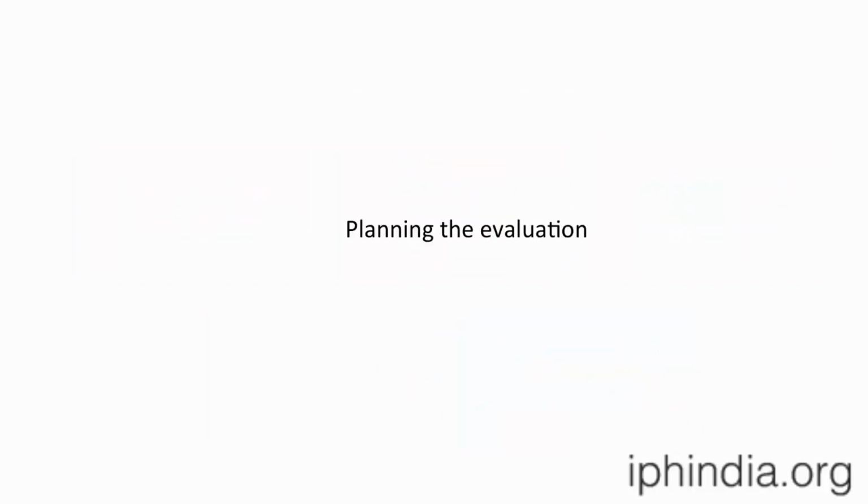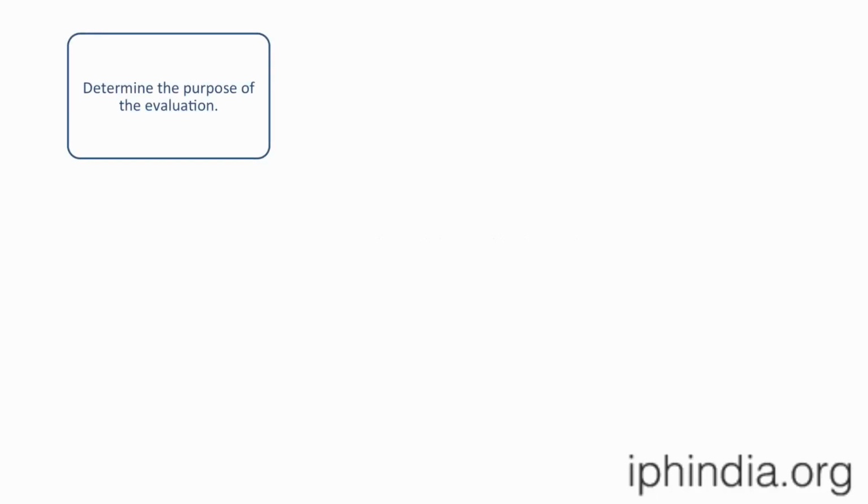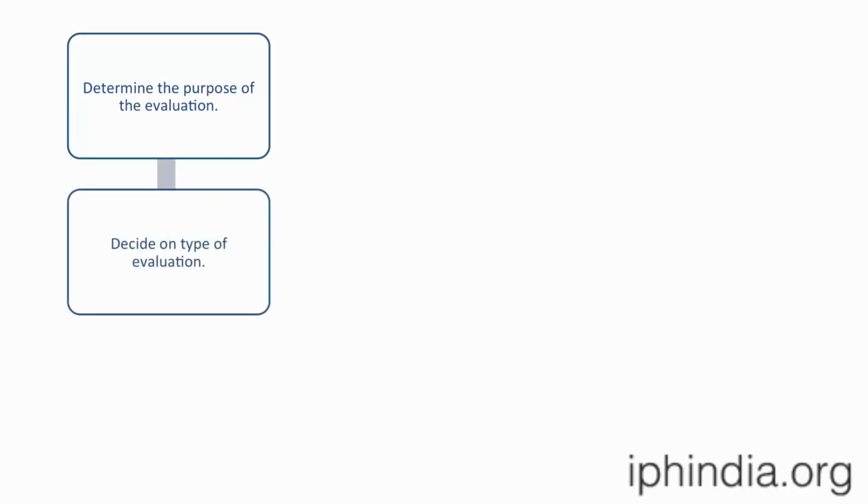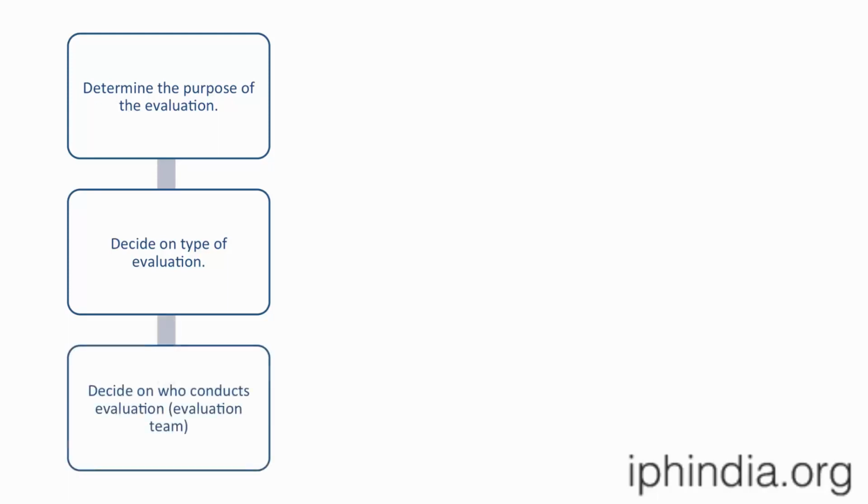Now let us look at the first phase, planning the evaluation. The first step while planning our evaluation is to determine why the evaluation is being conducted. What is the purpose? Based on that, we decide on the type of evaluation.